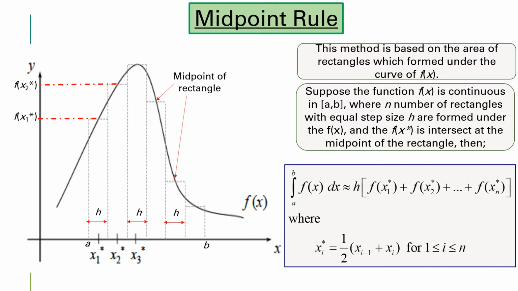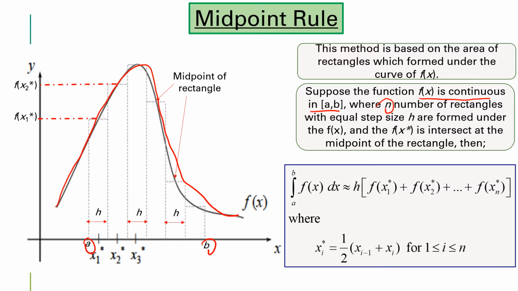Suppose the function f(x) is continuous in AB, from A to B, where n number of rectangles with equal step size h are formed under f(x), and f(x star) intersects at the midpoint of the rectangle.